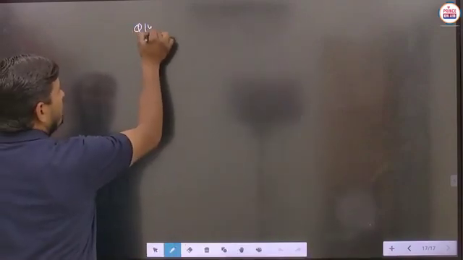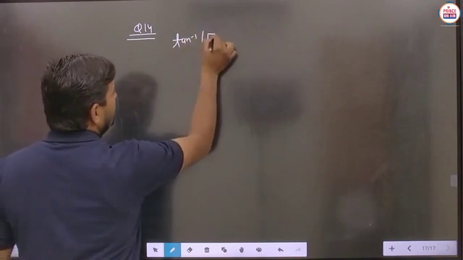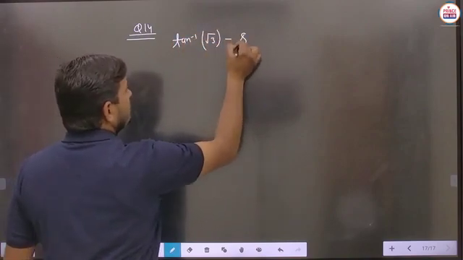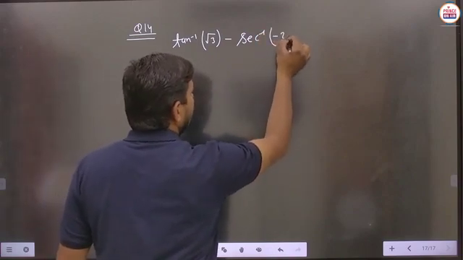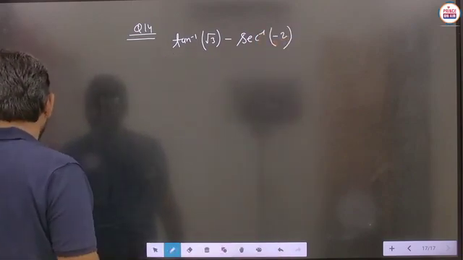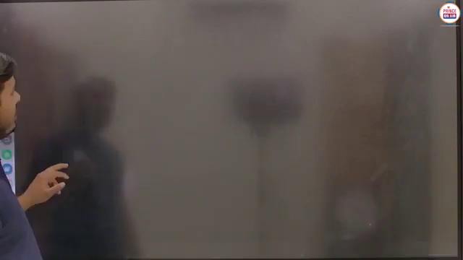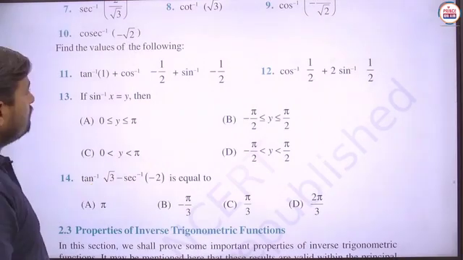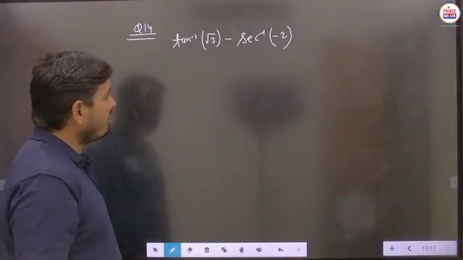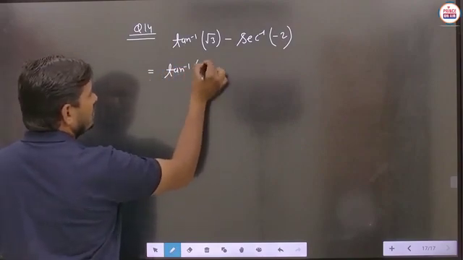In this question number 14, we have to evaluate the value of tan inverse of root 3 minus sec inverse of minus 2. Is it clear? I think this minus 2 is there, so again you can check the question here. This is sec inverse of minus 2. Okay, so we will simplify this part and find the values. So this can be written like this: tan inverse root 3.